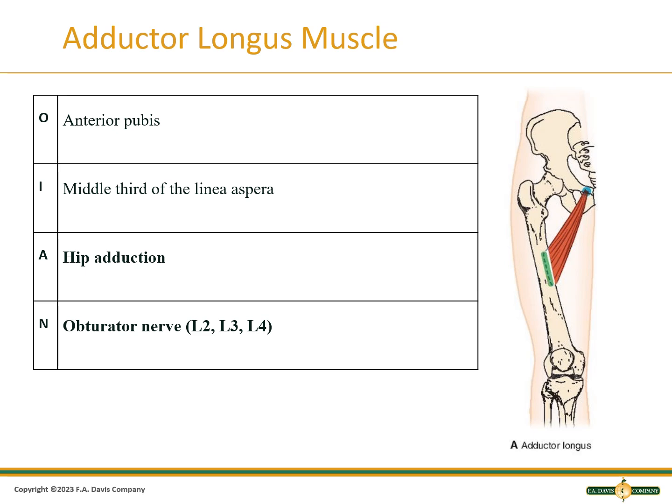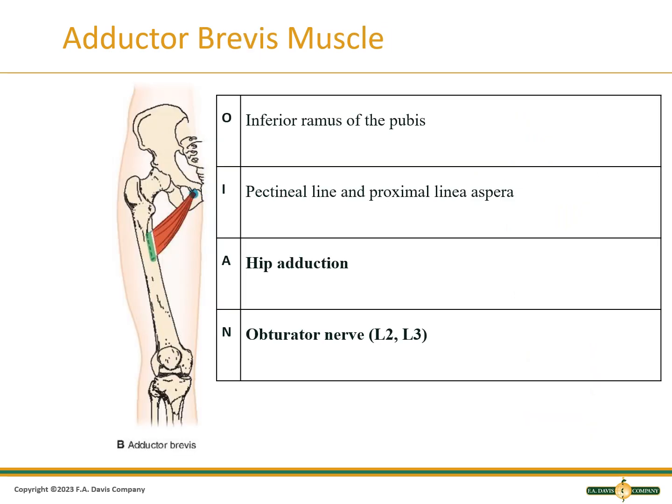It has adductor in the name, so that also means it's going to contribute to hip adduction. Adductor brevis is adductor longus's shorter brother. Remember that brevis means short, longus means long. Adductor brevis, again, has adductor in the name, so it's going to contribute to hip adduction, which means it's going to be innervated by the obturator nerve.